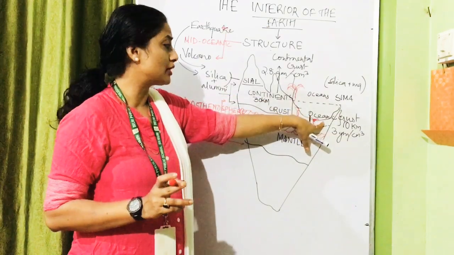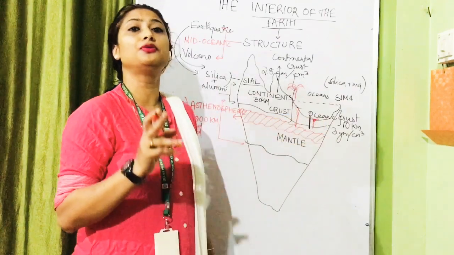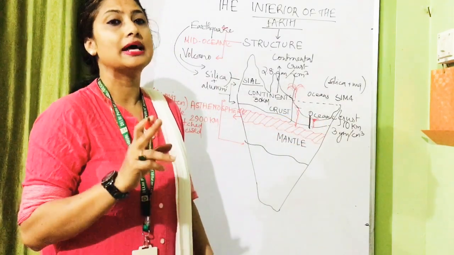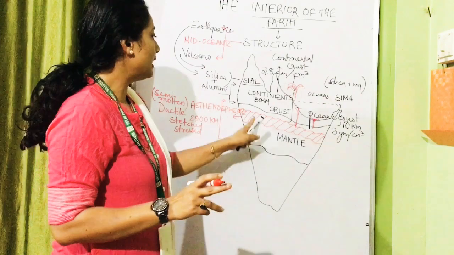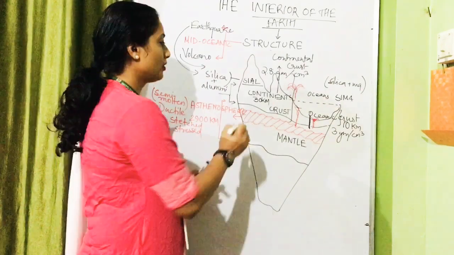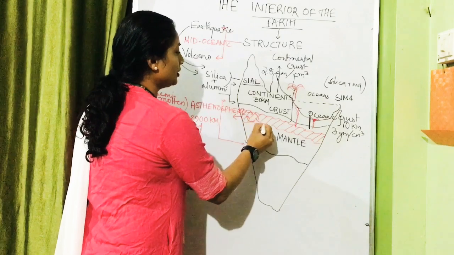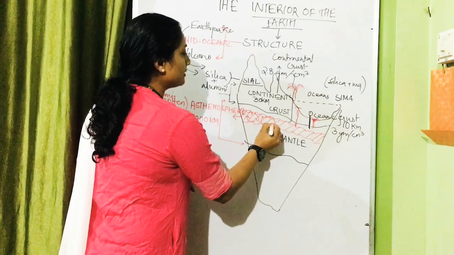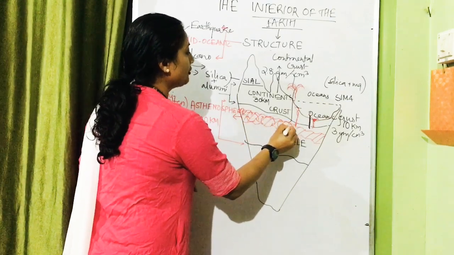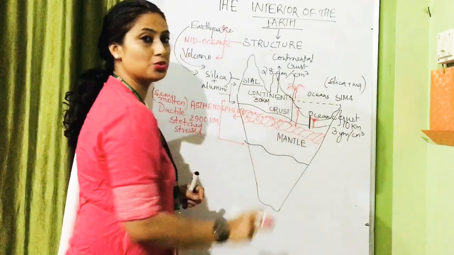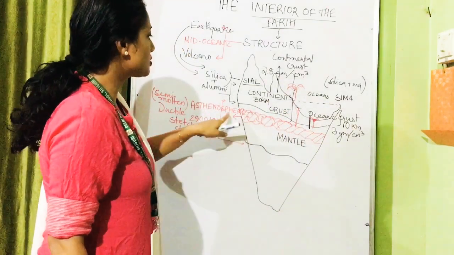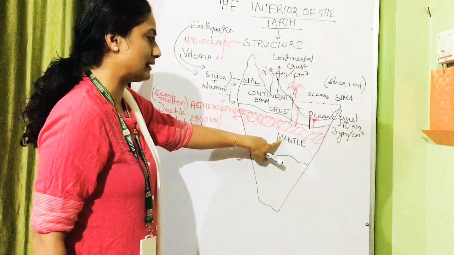Here I would like to tell you that the earth is divided into 15 major plates, and all these plates are moving, and the reason is the asthenosphere. The heat generated from here helps in the movement of the plates lying above. So this is one important thing about the mantle layer.